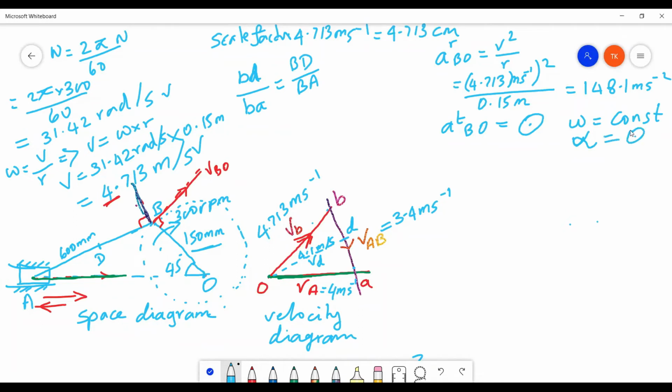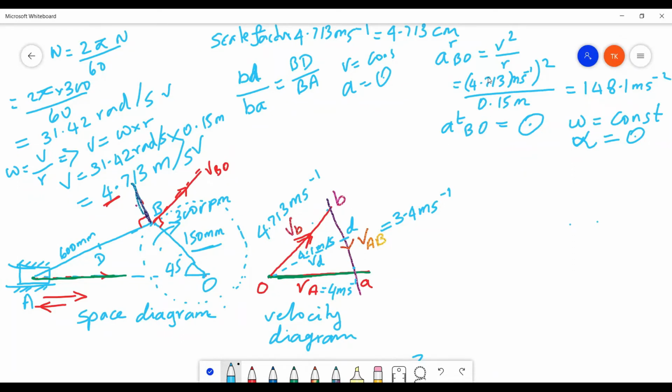If the velocity is constant, then acceleration is 0. If a motorbike is moving with the same velocity, there is no acceleration. Similarly here, if the crank is moving with constant RPM, then the tangential acceleration part is 0. So the acceleration part about the crank is done.